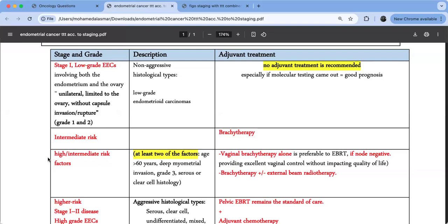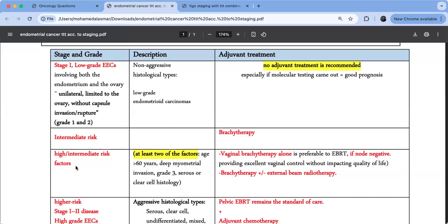So surgery. Do you need adjuvant treatment for stage 1 low-grade disease? No, it's a non-aggressive histological type. So simply surgery is enough. Well done.